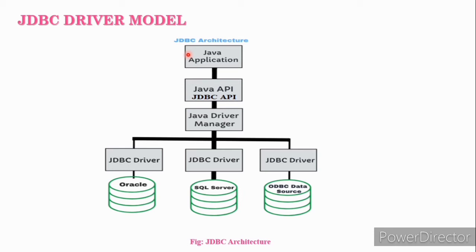And the JDBC driver manager is the class which manages the list of JDBC drivers, and it ensures that the correct driver is used to access each data source. For example, if we are accessing an Oracle database, then the driver manager will connect to the Oracle JDBC driver.